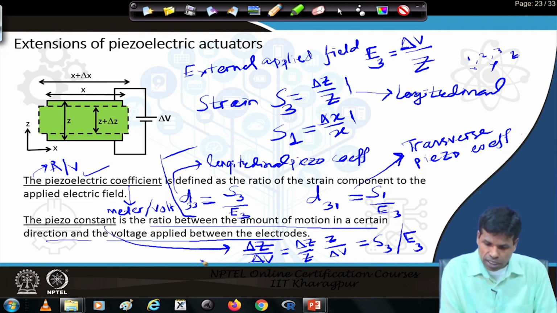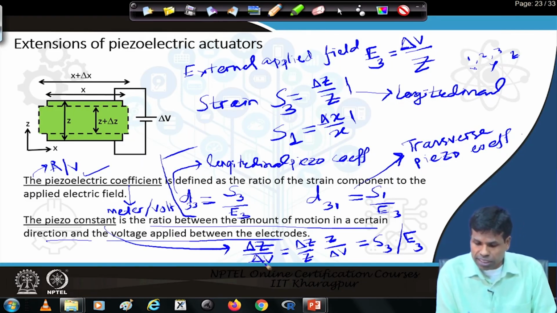So, the piezo constant along the z direction, del z by del V, is S3 by E3.